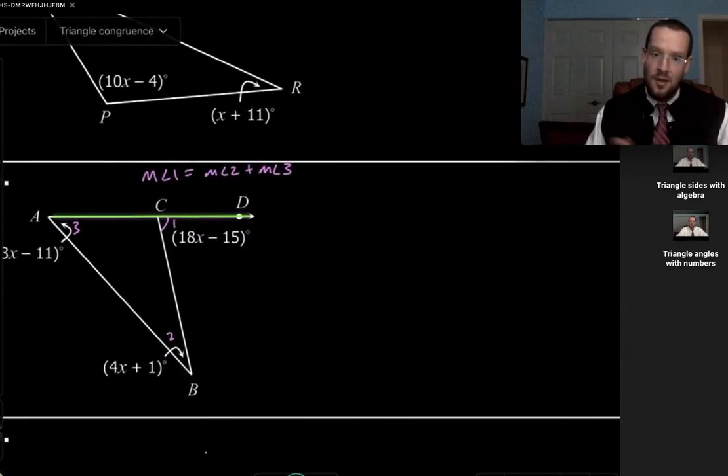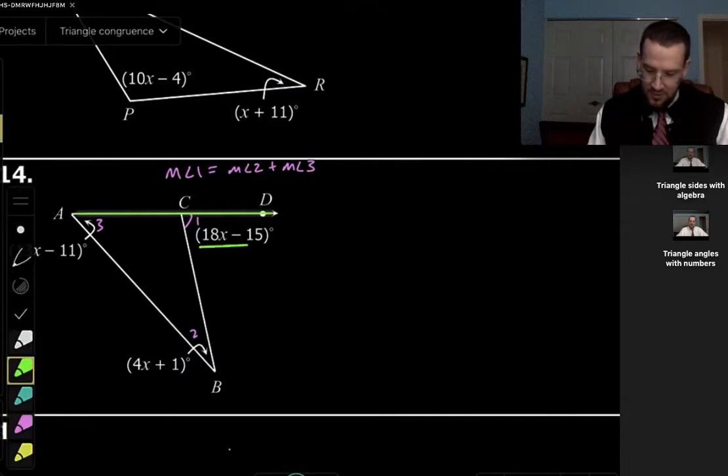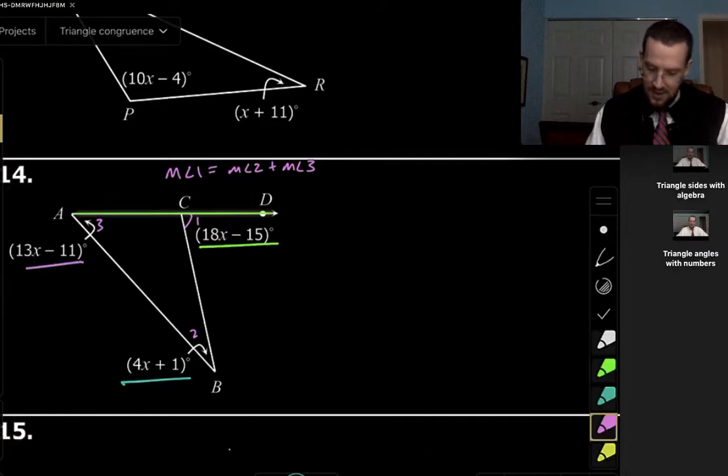So let's just go through and set this up. Let's do some color coding. How about green, blue, pink, and away we go. This is going to be our angle number 1. This is our exterior angle, and the exterior angle is equal to the sum of the two non-adjacent angles.